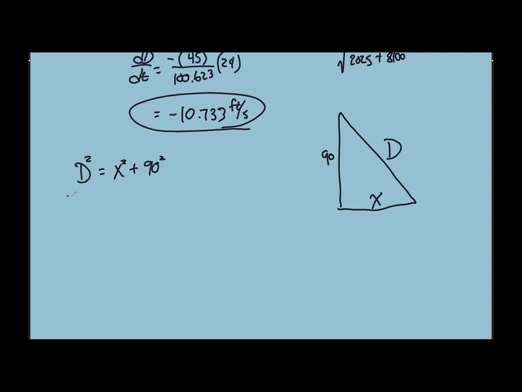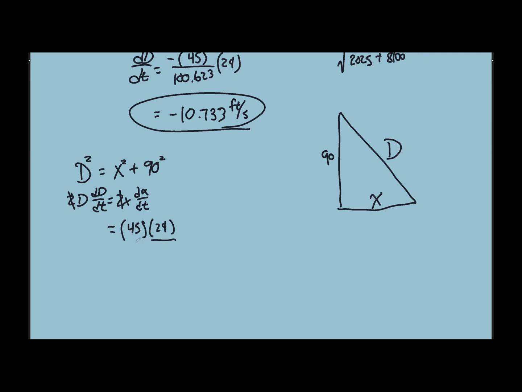Take the derivative with respect to time like this. 2D dD/dt equals 2x dx/dt. So this is a time derivative, and the derivative of a number is 0. So we can divide the 2's out. That's dope. And we know x is 45 and dx/dt is 24. We saw where that came from.